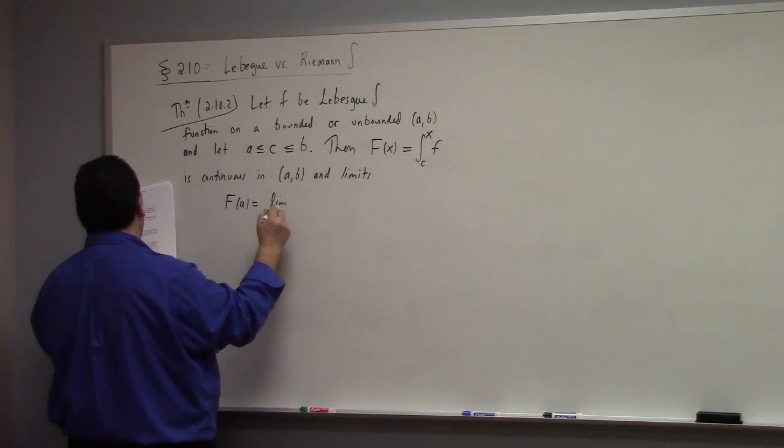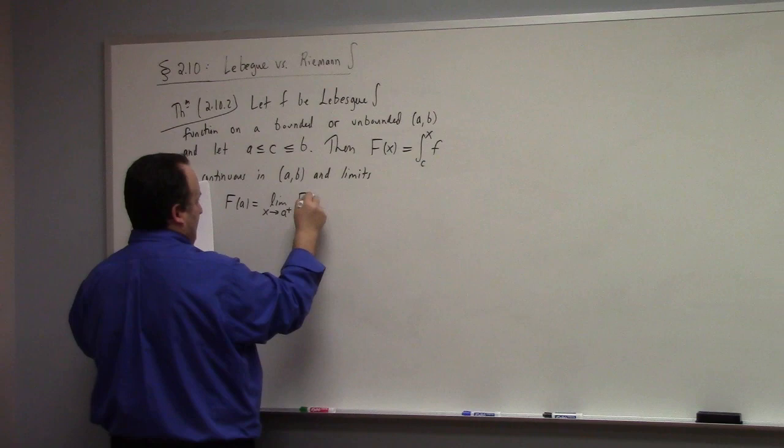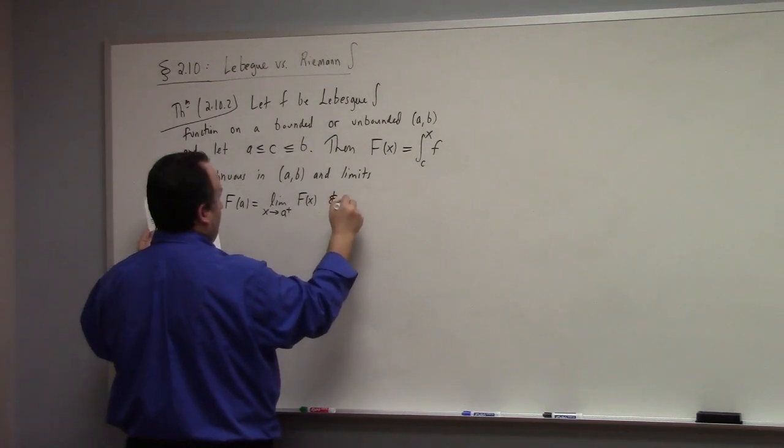So in other words, it's continuous in the interior of the set, and it's also naturally continuous at the endpoints like this.